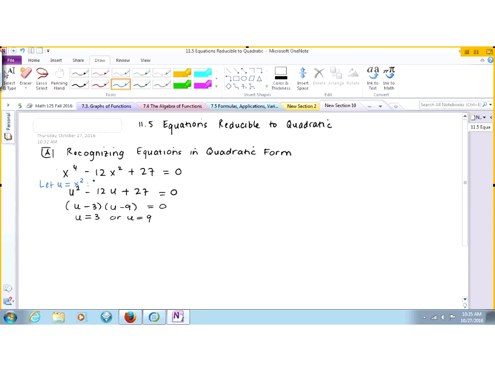What's most important is that you have u and u squared. So in this case, what is u? Let u be the middle variable part.